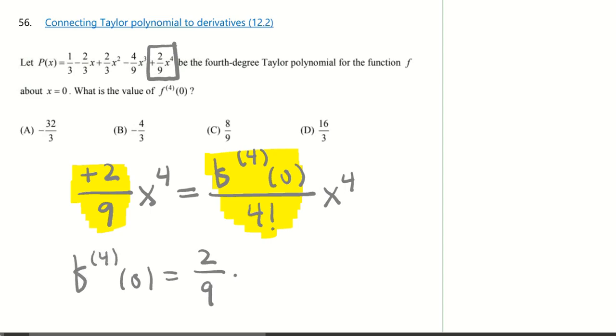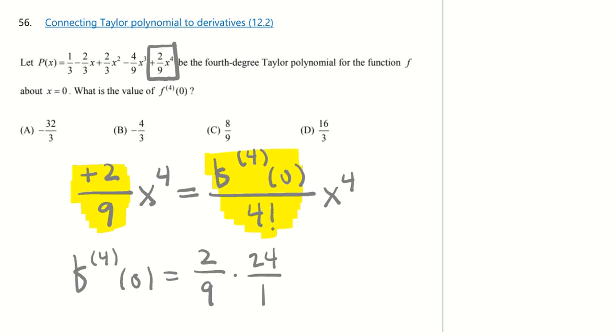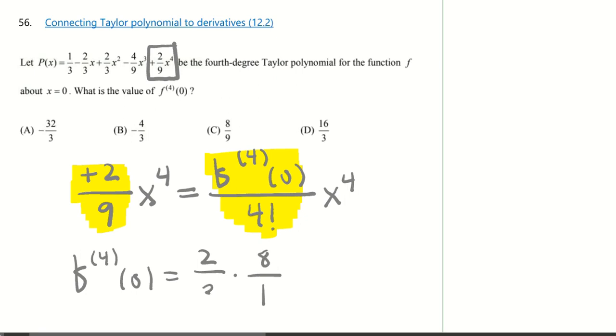Well, 4 factorial is 4 times 3 times 2 is 24. I think that's 48 over 9. Oh, wait, no. 24 has a factor of 3 in it, so that's 8 divided by 3, and that's 16 over thirds. There we go.